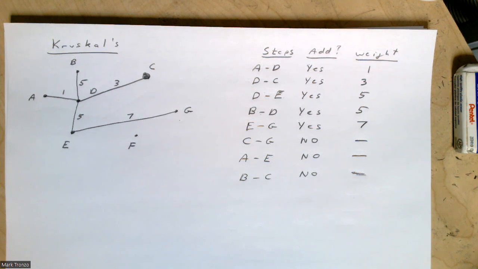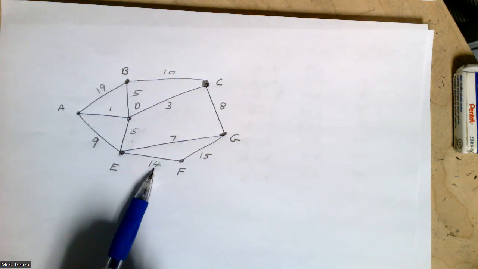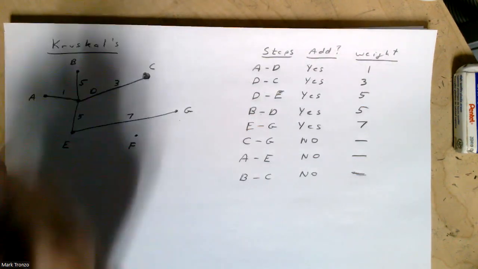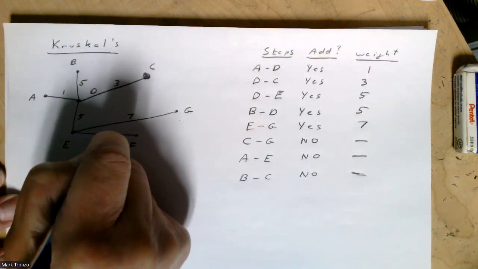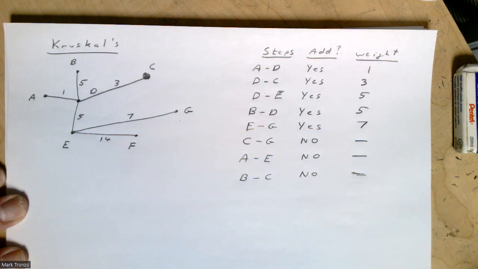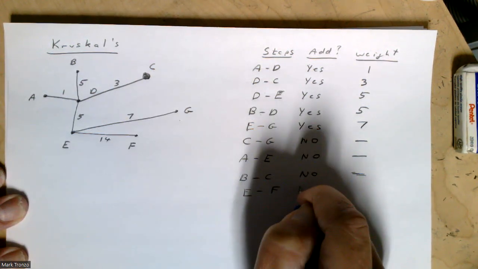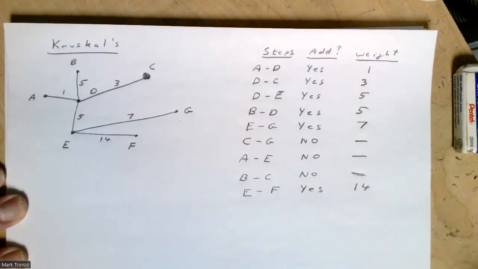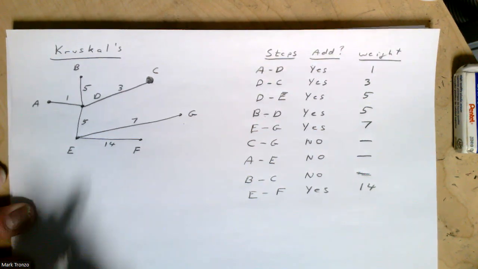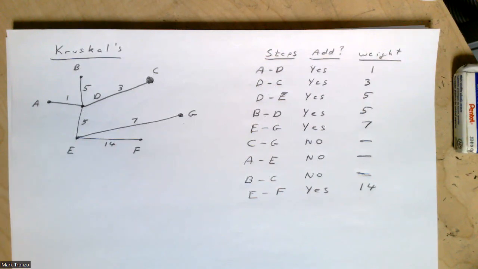And let's see, what would the next one be? It looks like the next one would be 14. That one we can put in. And now we could actually stop here because you see we have a spanning tree. But just to be sure, let's check the last couple of ones.